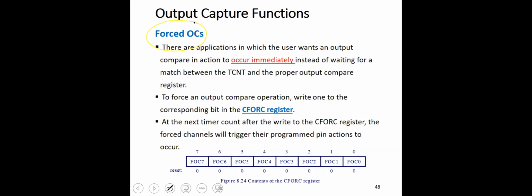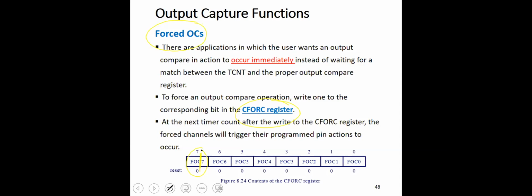And to do so, there is a special register, which is the channel force register, where we have 8 bits. And here, if we write 1, for example, to this bit, then we are telling the timer system to output the configured value on channel number 7 now, before there is a successful comparison between TC7 and the timer register.